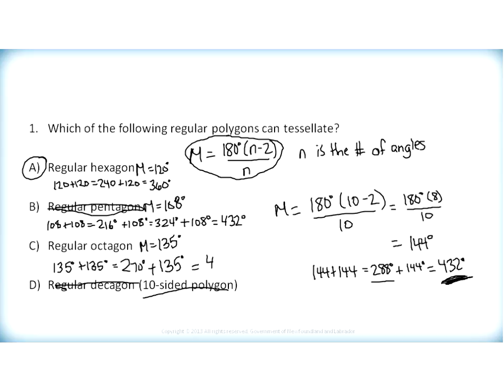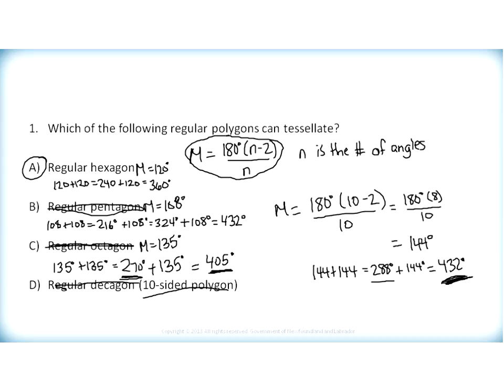That's going to give me, in total, 405 degrees. So once again, I've overshot 360 degrees. So when I add together octagons, I'm either going to be less than 360 or more than 360, but I'll never actually get to 360 degrees. That means a regular octagon will not be able to tessellate either.